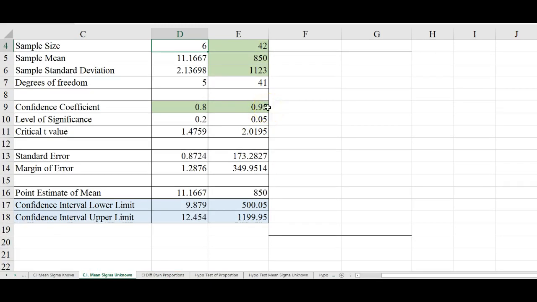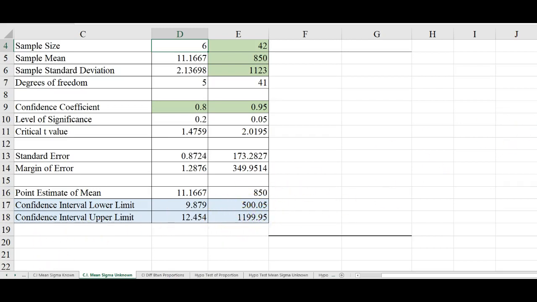Entering in the confidence coefficient of 0.95, level of significance 0.05 gives us that same critical value of 2.02 if you round it off to 2 decimal places, which gives you then a confidence interval of 500 to 1200 if we round these to the nearest whole number.